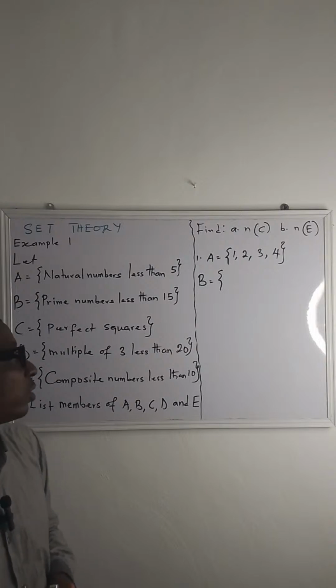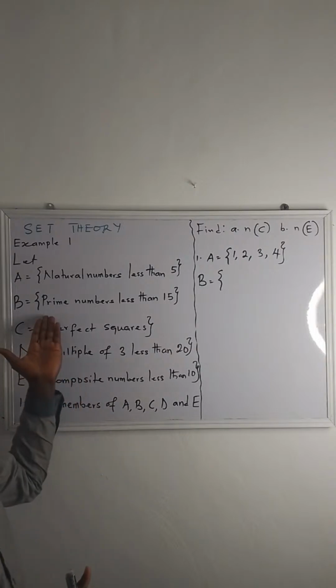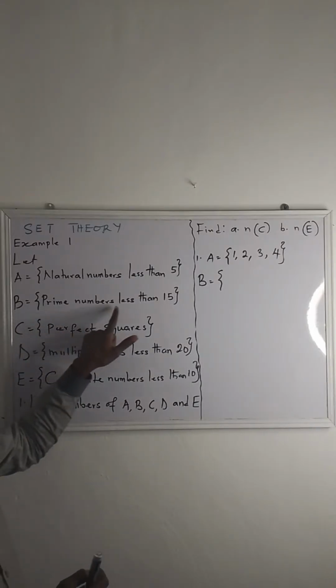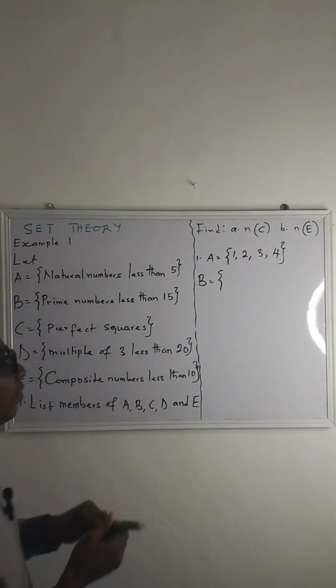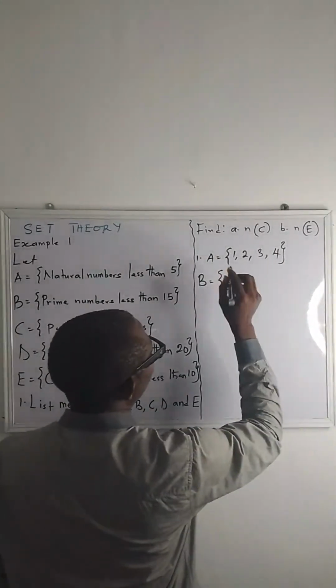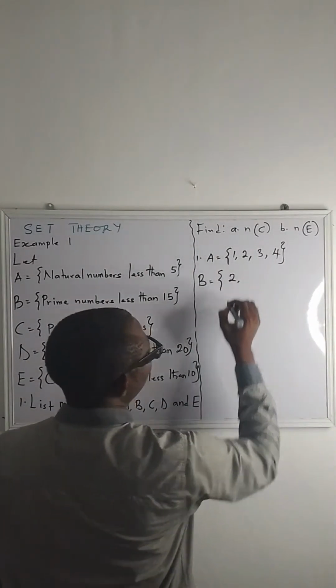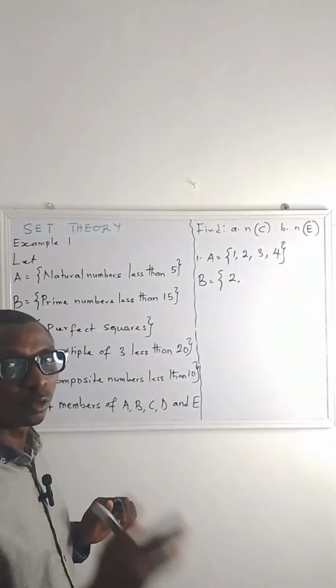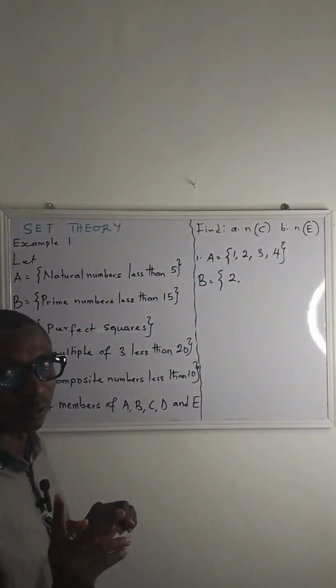So now we have to list prime numbers less than 15. The first prime number is what? Can you tell me? That is 2. Don't say 1, because 1 does not have two distinct divisors.